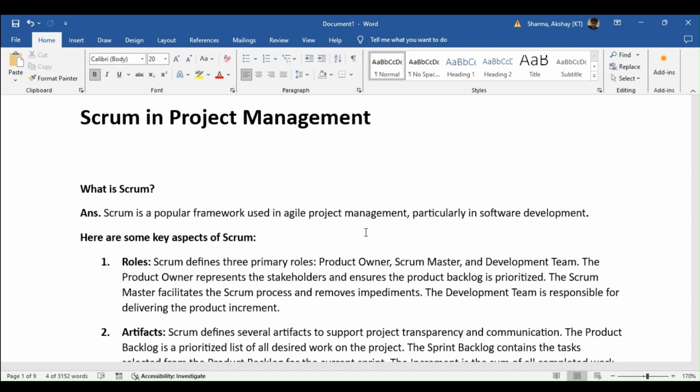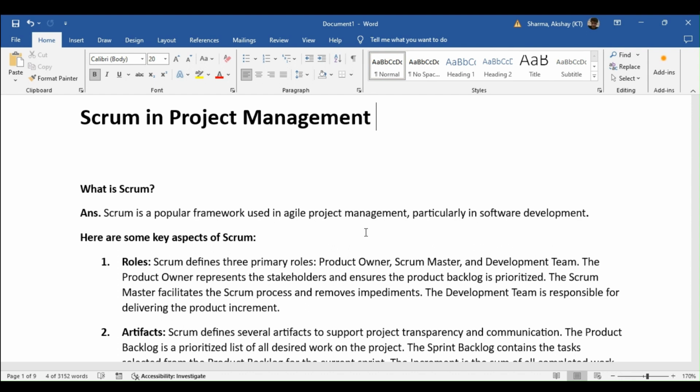It's like a framework, a system created in Agile project management, particularly in the software development domain, in order to achieve our predefined goals as per the definition of the project in a particular time period.